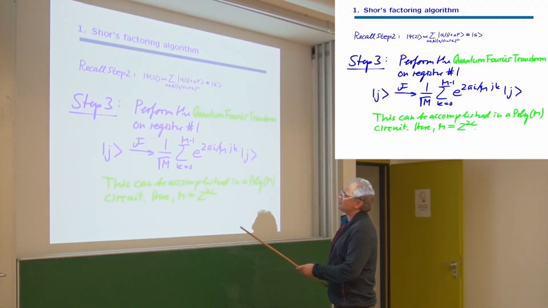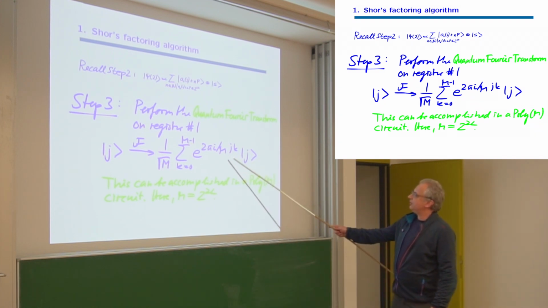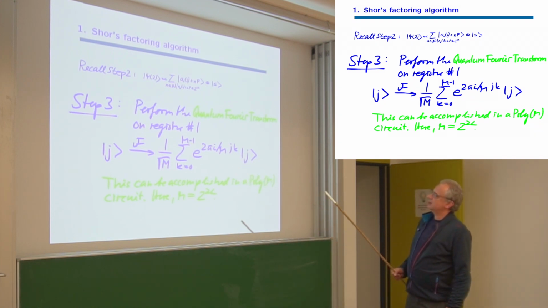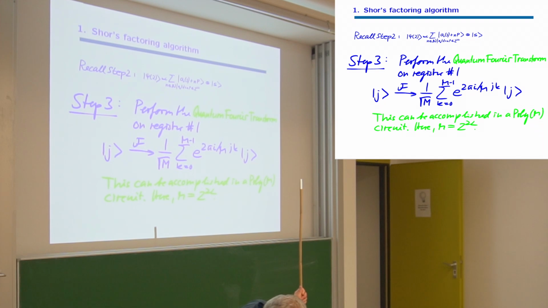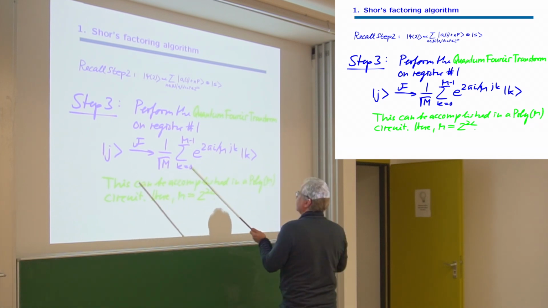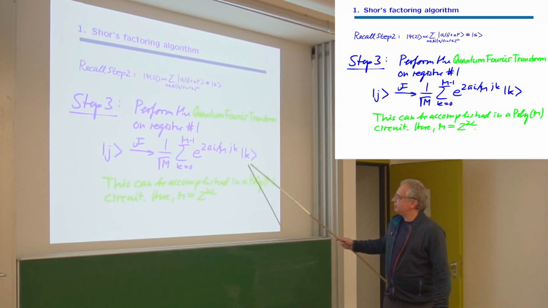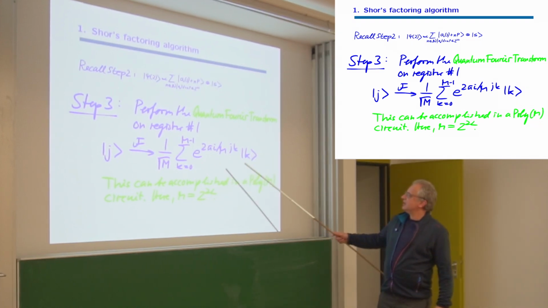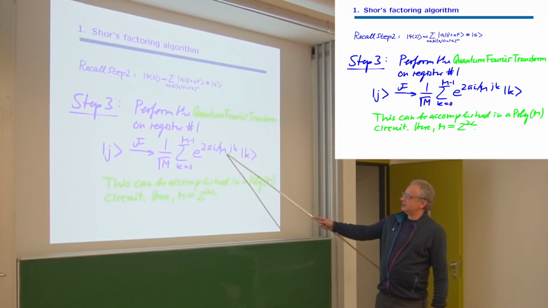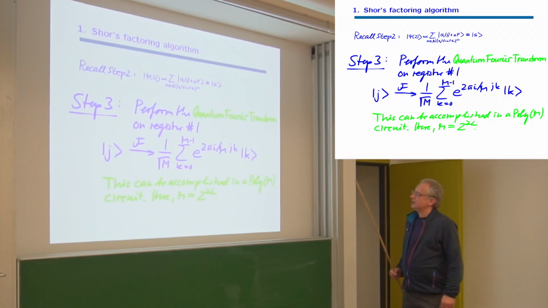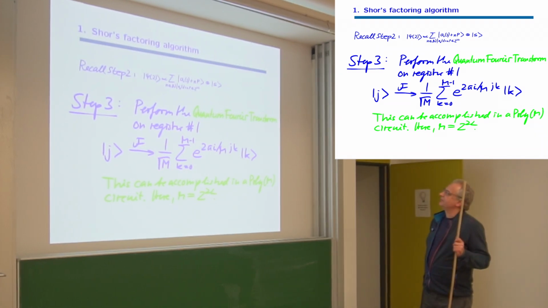We do this Fourier transform. This is what the formula is. So every basis state goes into a superposition of basis states with a bunch of phases in front.